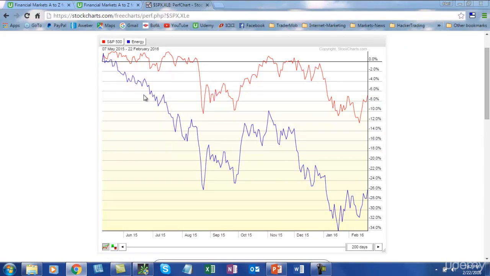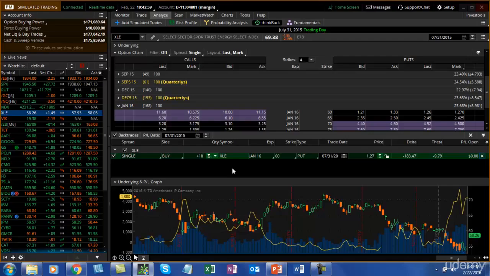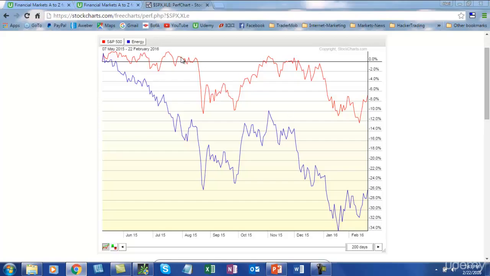So what we would do is we would sell the XLE and buy the SPY. So basically it would be two trades. Now granted, one of them would be a loser. So in this case, if you had bought the S&P, even now the S&P also has gone down. So this would have been a loser in your trade. However, this would have been a big winner.